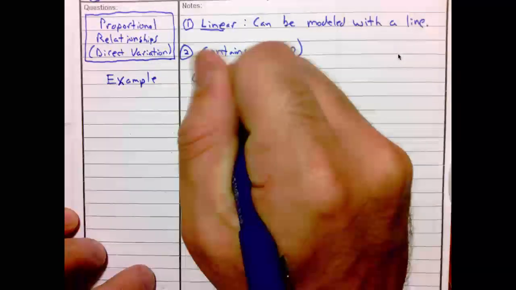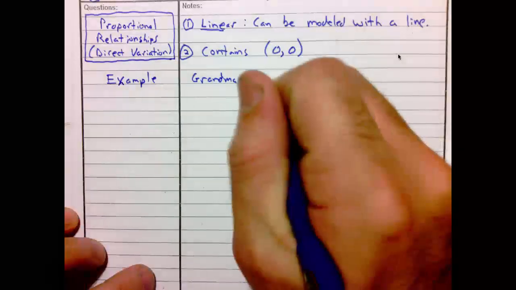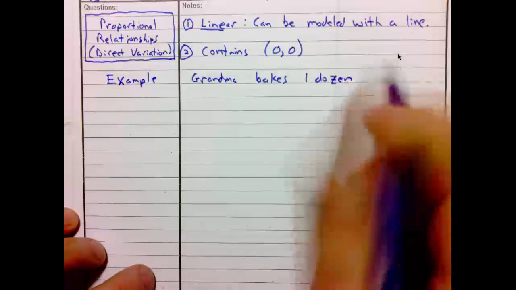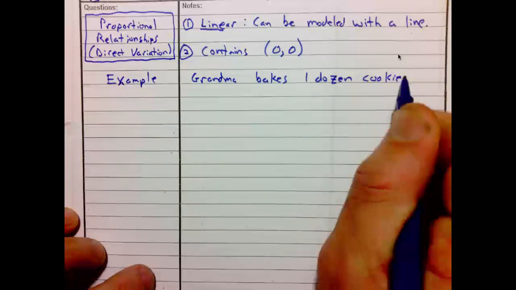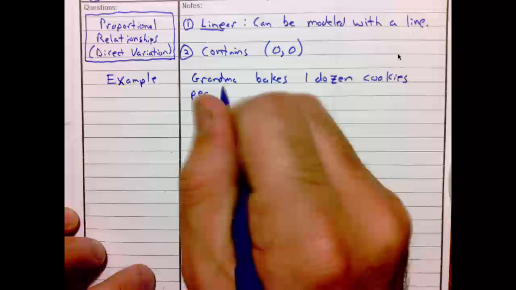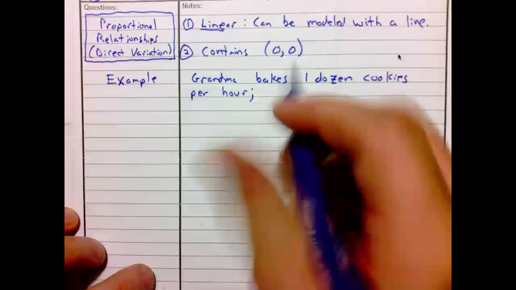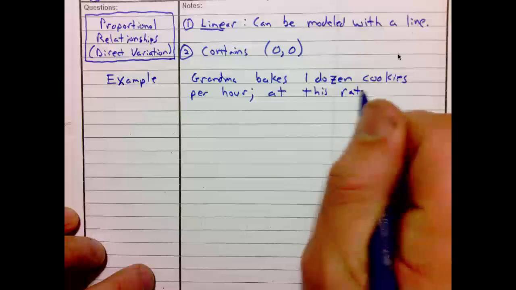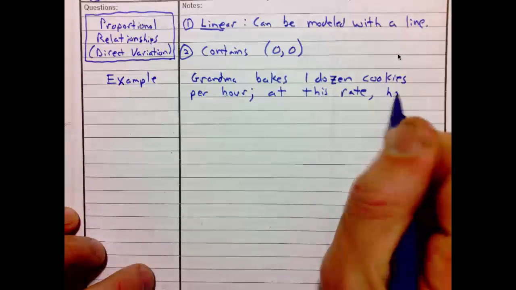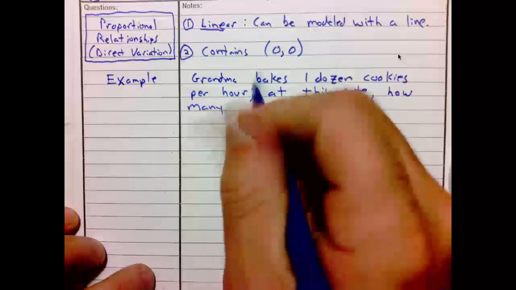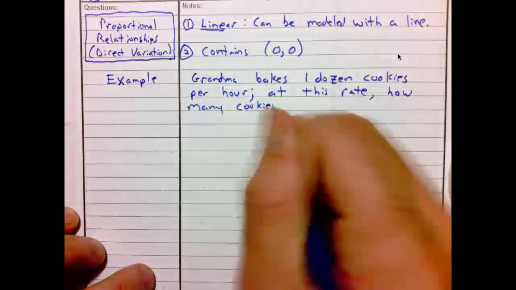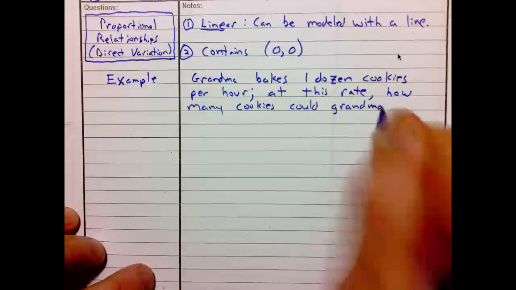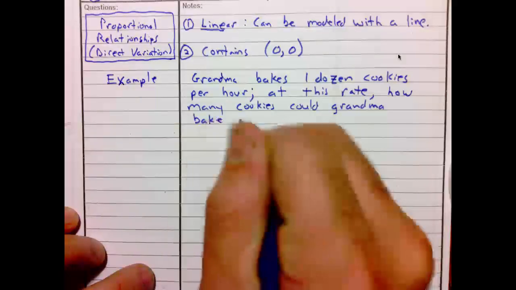Grandma bakes 1 dozen cookies per hour. At this rate, how many cookies could Grandma bake in 3 hours?